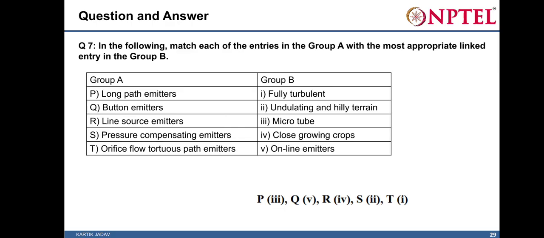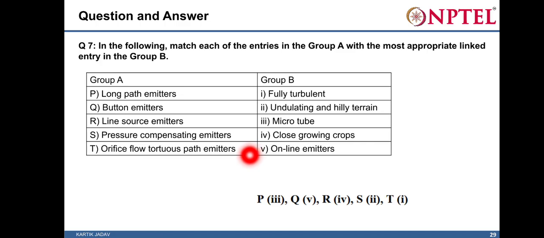Next question, question number 7. So we know that these are the different types of emitters and their flow characteristics. Long path emitters generally have a micro tube kind of structure. Then button emitters are also known as online emitters.